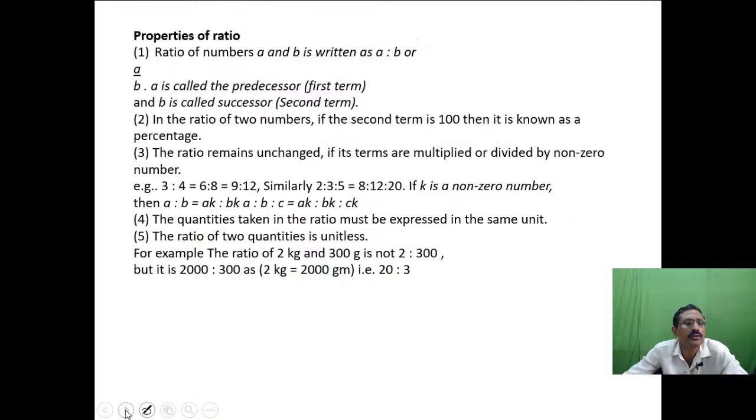Let's move to some of the properties of ratio. Let us take two numbers, ratio of numbers A and B. Now, how is it written? We have seen in our previous standard how it is written. It is written as A is to B or A upon B. What do we call this A here?